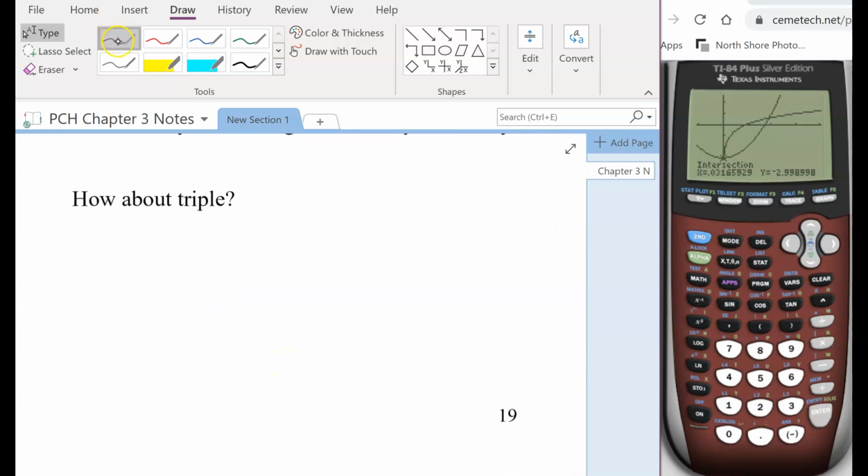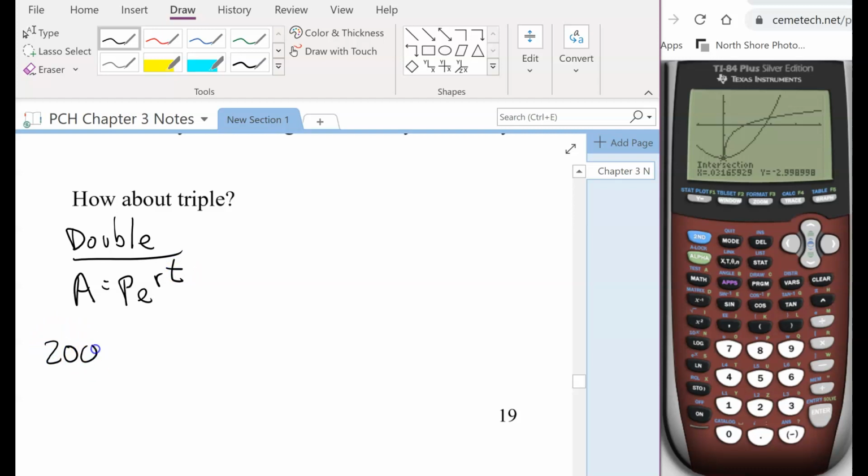Alright, so let's start with how long it's going to take to double. So if we're starting with $1,000 and it's going to double, so we know that A is equal to P times E to the RT. So if we start with $1,000, we're going to end up with $2,000.